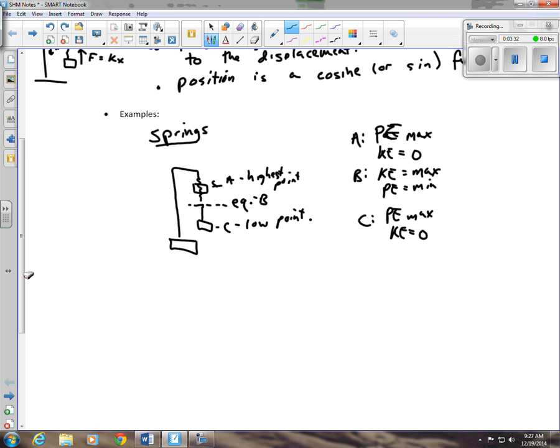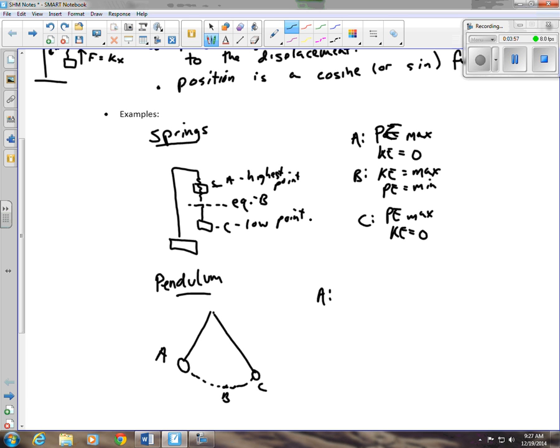Now, the other example is a pendulum. You put a mass on it, elevate it to point A, and it's going to swing down through B, and then end up on this side at point C, and again it swings back and forth. We find the exact same things.